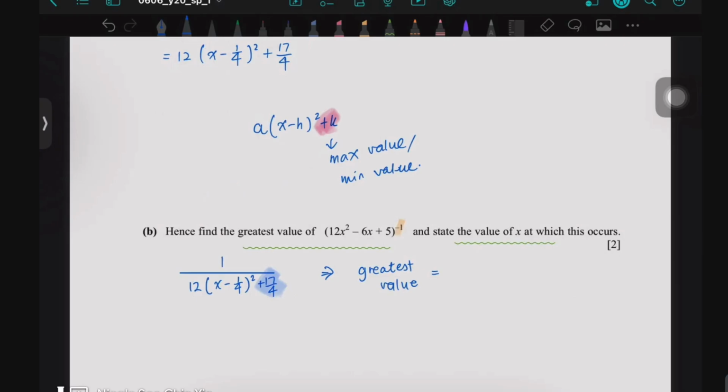It's supposed to be 17 over 4, so we're going to flip it. So your greatest value now becomes 4 over 17, whereby this occurs when your x equals to 1 over 4. This represents that x occurs when the maximum happens, so this will remain.